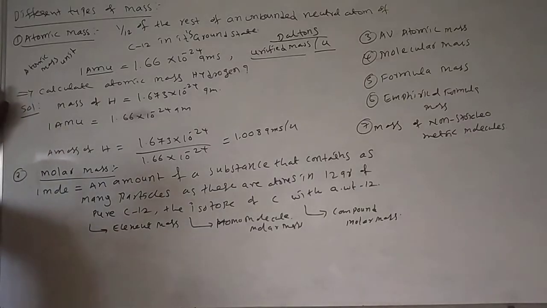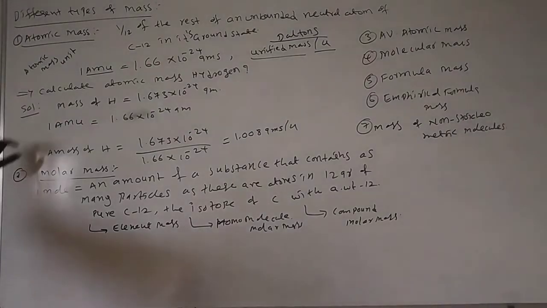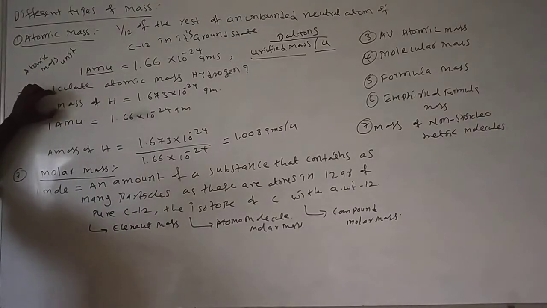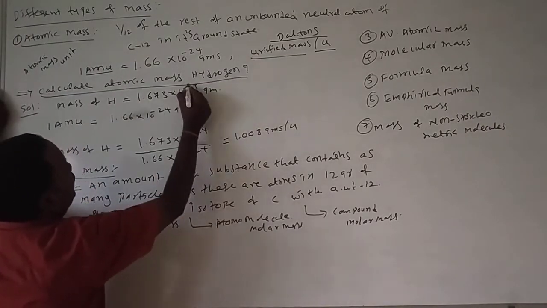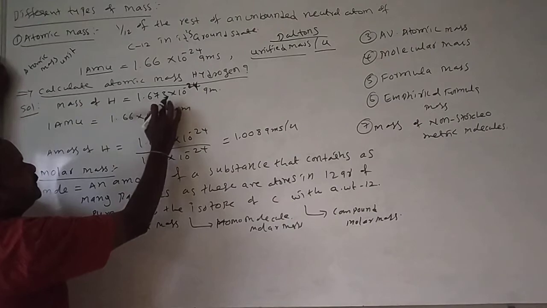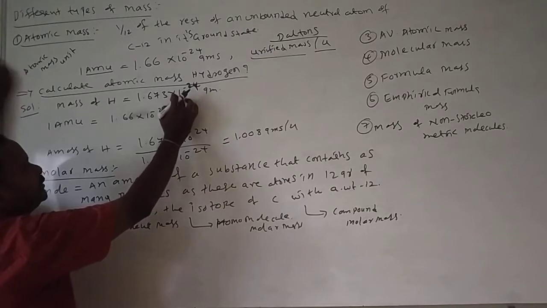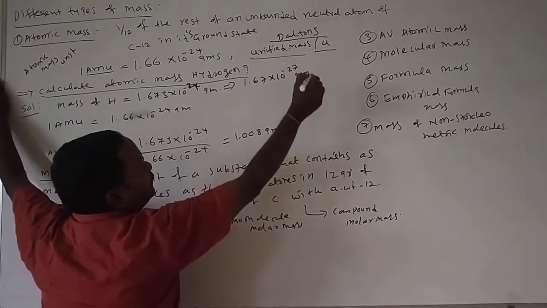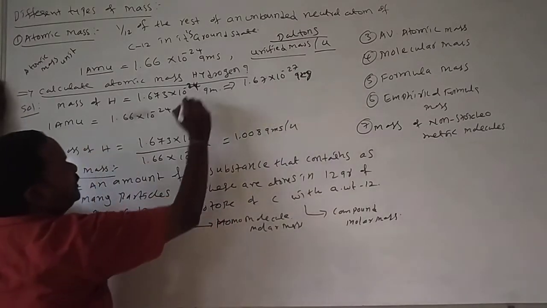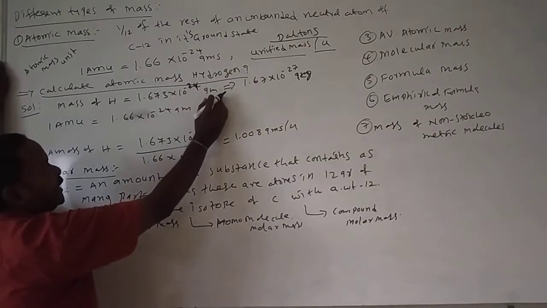Here we have one problem: calculate the atomic mass of hydrogen. Practically, the mass of hydrogen is 1.67 × 10^-27 kilograms. When converting into grams, it becomes 1.673 × 10^-24 grams.